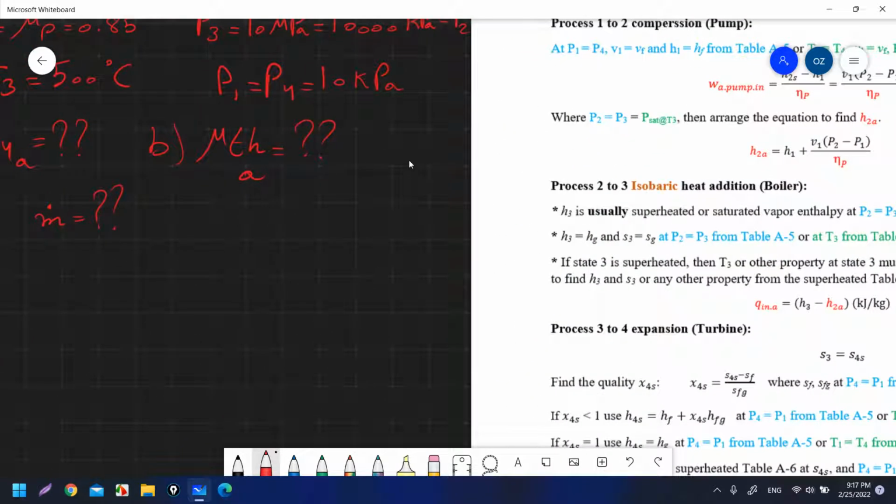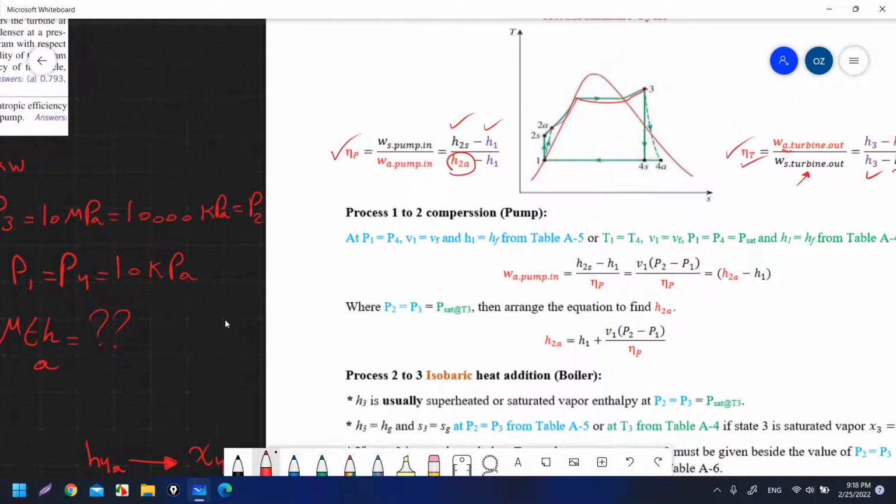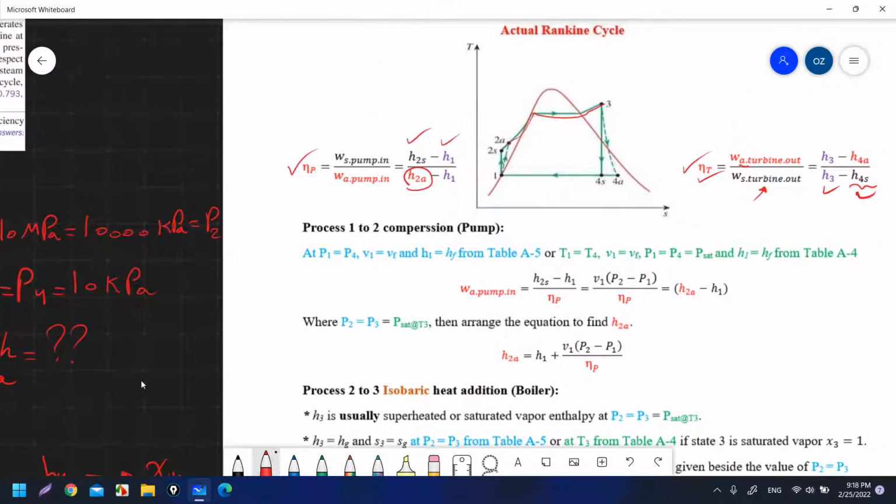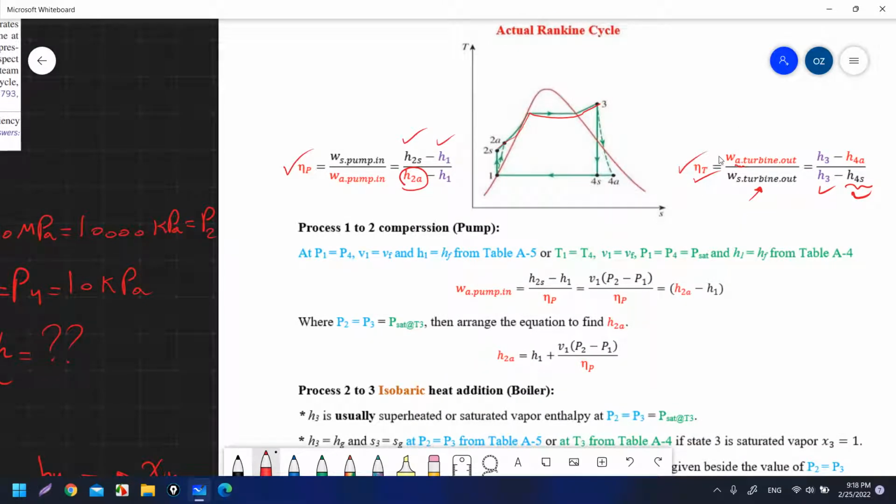Okay, so we need to find X4A, and in order to find X4A, we will use the actual enthalpy, and to find the actual enthalpy, I can use this equation, which needs the isentropic efficiency of the turbine, eta T, which is given.